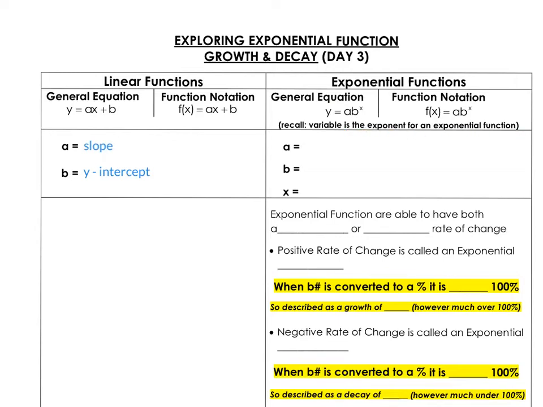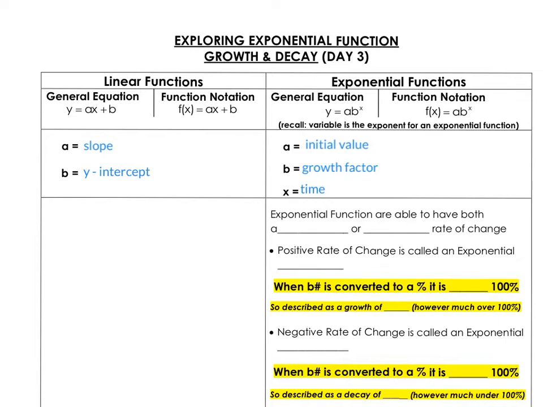So I'll often say x exponent is exponential. What do the a, b, and x stand for? The a stands for the initial value, which can also be the starting value. B is your growth factor, and x refers to time, usually, unless it's otherwise defined in the question.